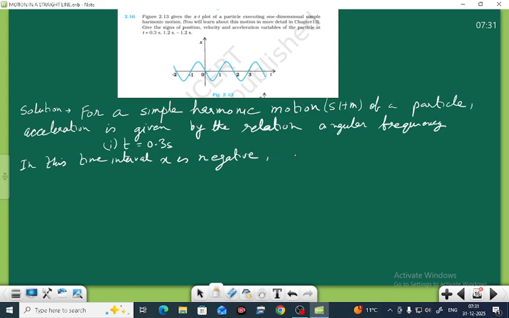Thus the slope of the x-t plot will also be negative.